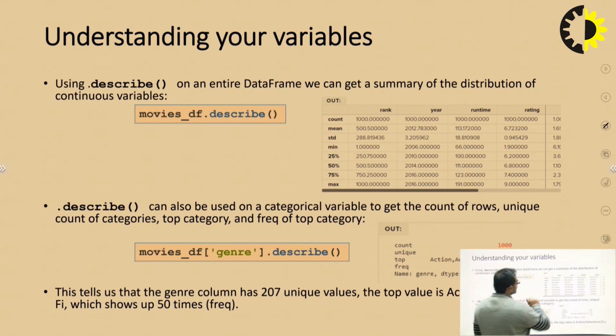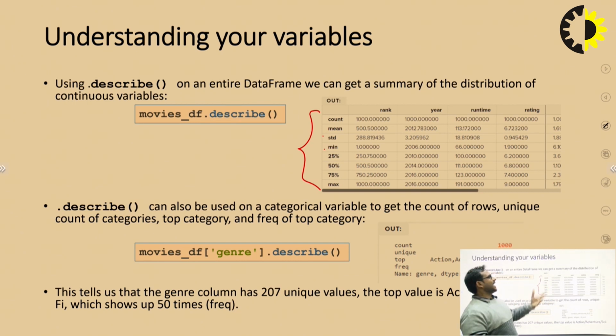You can see the describe function giving count, how many records are there, the mean, the standard deviation, the minimum value, the maximum value, the 25 percentile, 50 percentile, 75 percentile, right? These are shown here.